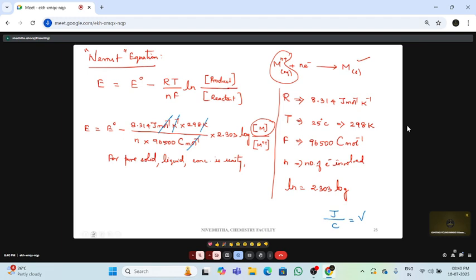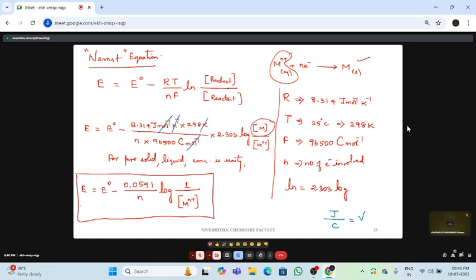Simplifying all those numbers, E is equal to E naught minus 0.0591 divided by n log, in the numerator, since the metal is in solid state, the concentration is 1, divided by concentration of metal ion. That's it. So this is the final Nernst equation.